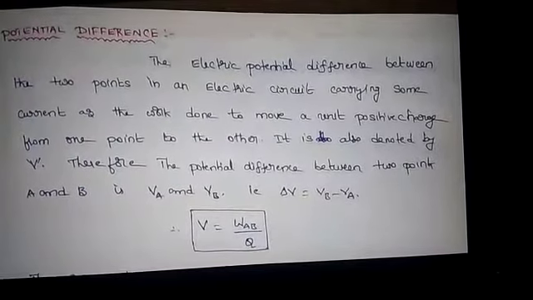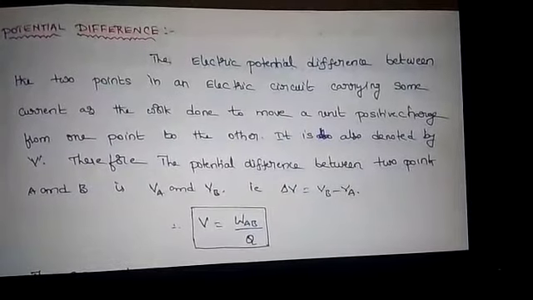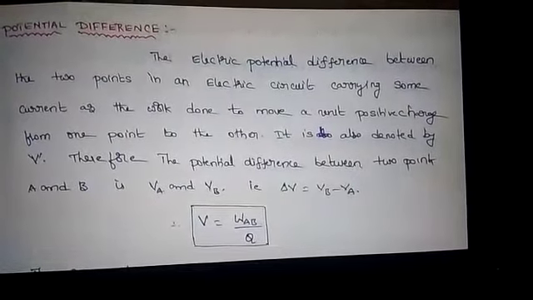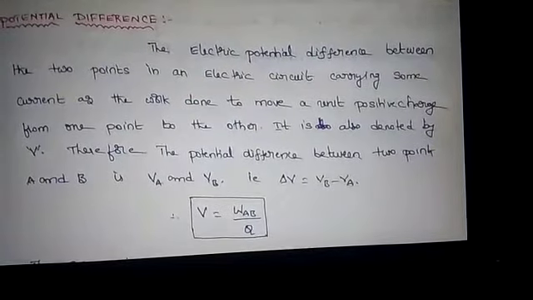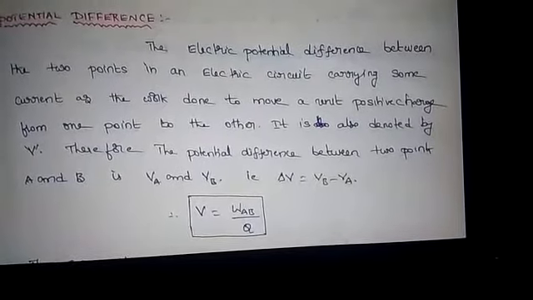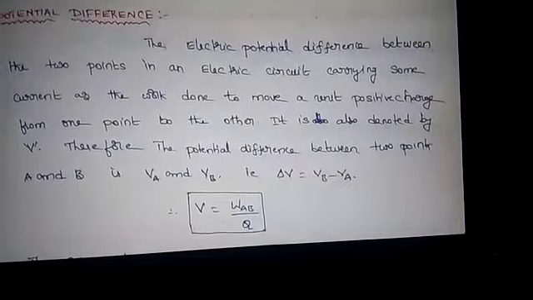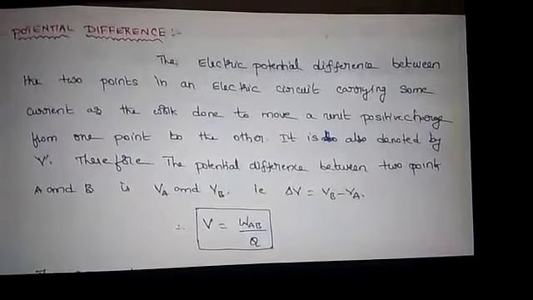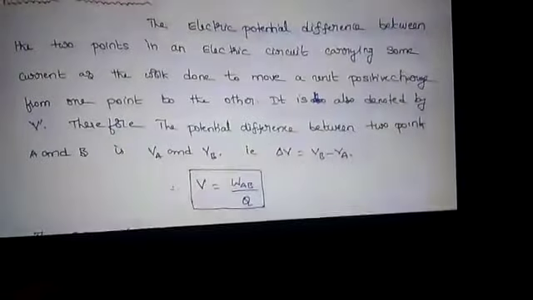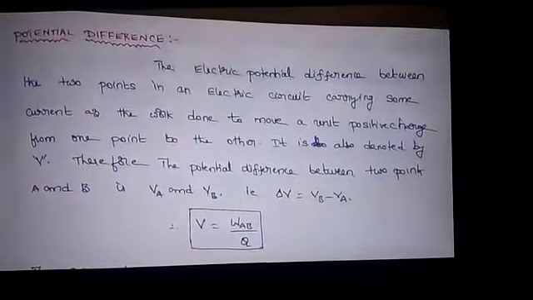So between the 2 points A and B, suppose the electric current is carried by A and by B. The electric potential difference between the 2 points is VB minus VA, or VA minus VB, whichever it is.